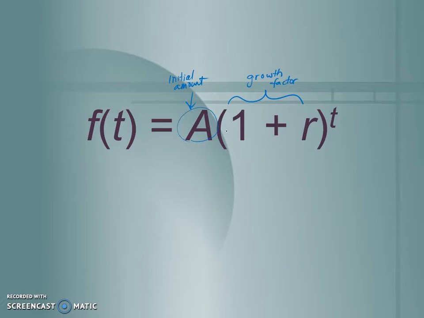So we've covered our A, we've covered our 1 plus r. Now what is r? Well, r is our growth or decay rate. And then, of course, t would be our time.